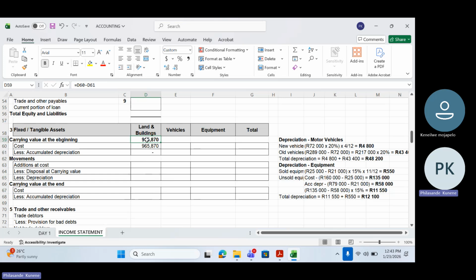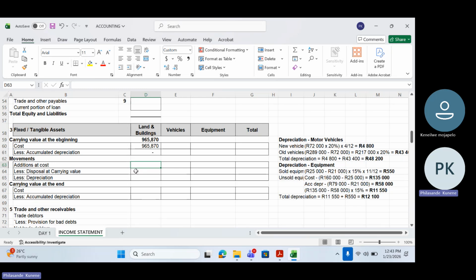We don't know the value of the buildings here, and we don't know the value of the land. Had they given us these two amounts separately, we would know, okay, fine, this is for land, land does not depreciate, but the building does, and then I would calculate depreciation for buildings. Because I don't know that, I'll keep it as not depreciating. That is the only reason.